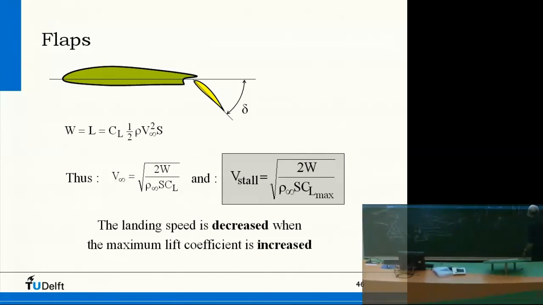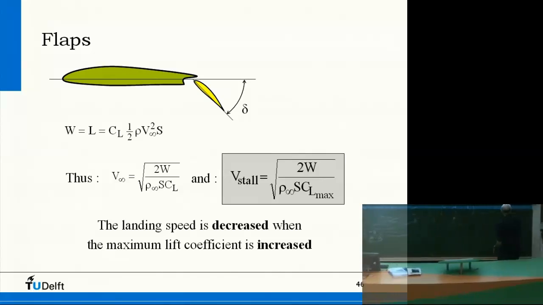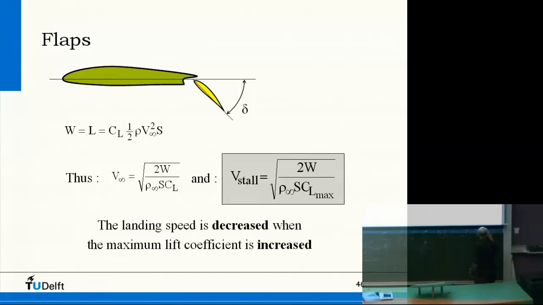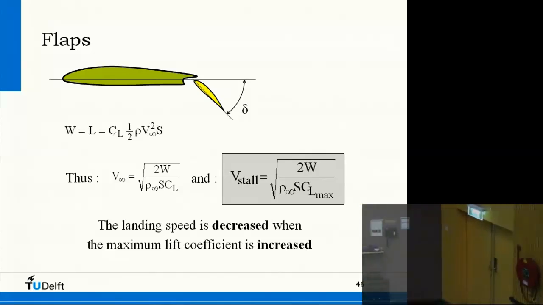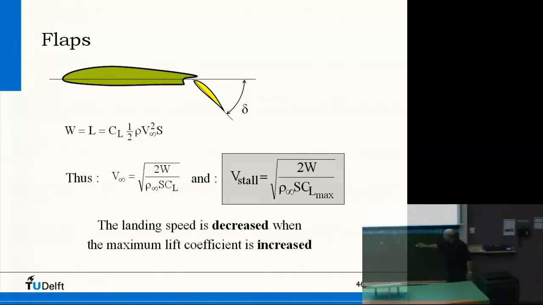If you look at W = L = CL times half rho V squared times S, this is more or less fixed, unless you dump a few passengers in cruise. And this changes, of course, if you lower V. And if you lower V, it goes with V squared, so that's quite a bit.